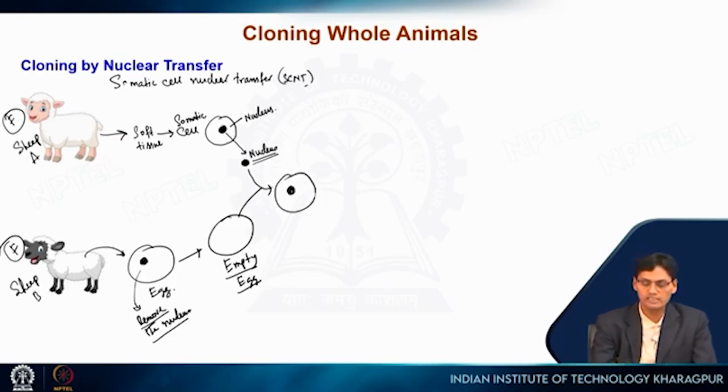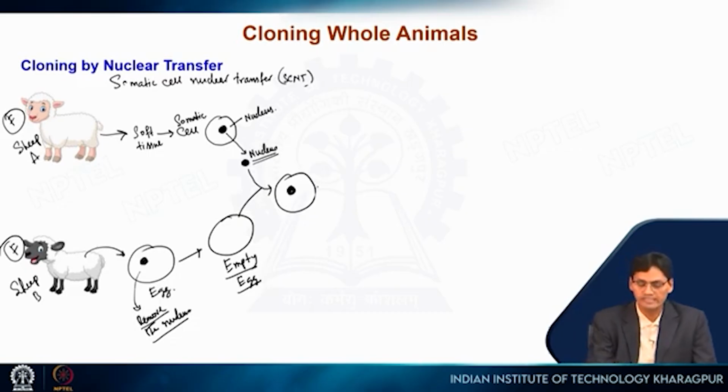See, this is not fertilization, like sperm and egg getting united. We are putting the full nucleus from the somatic cell inside the egg. That's all. And then here you need a little bit of strategy, some electric pulse and all those things, and everything is happening in the lab.